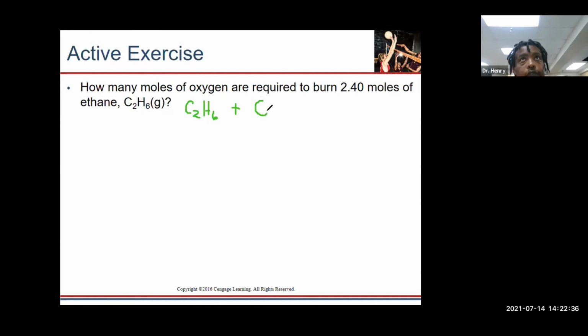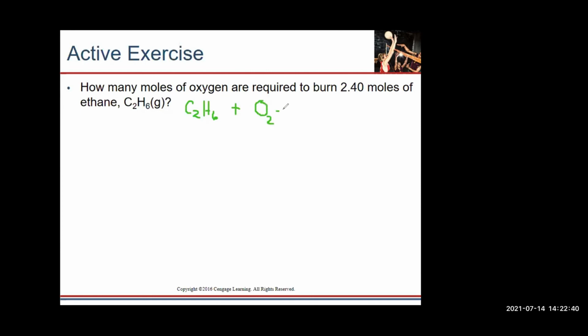What is the chemical formula for oxygen? O2. And that's going to yield CO2 plus H2O.